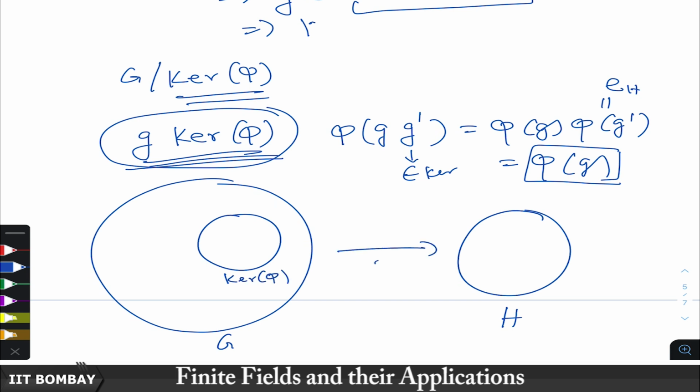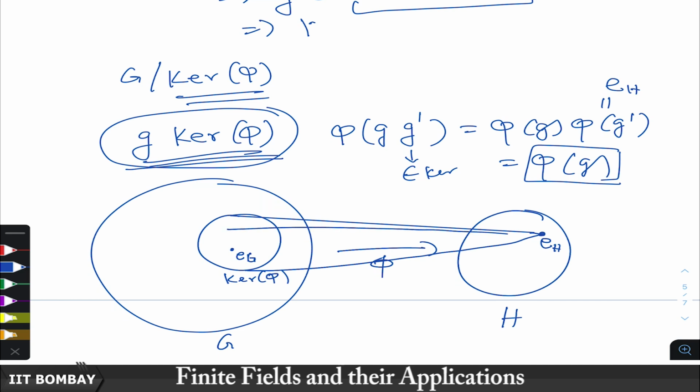So, there is a group homomorphism phi, and its kernel contains the identity element e_G. This kernel goes to the special element, the identity element e_H, and so all these elements go to the same e_H.